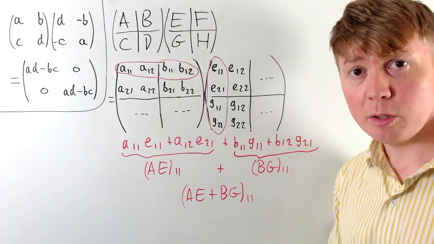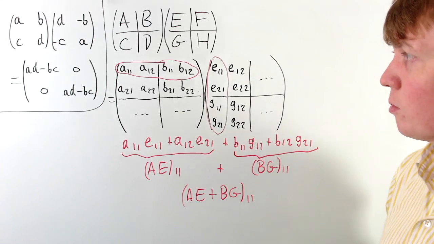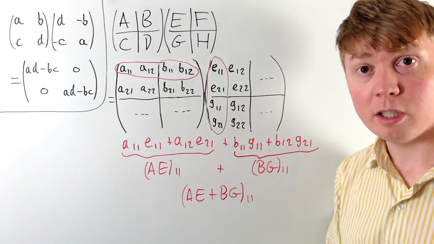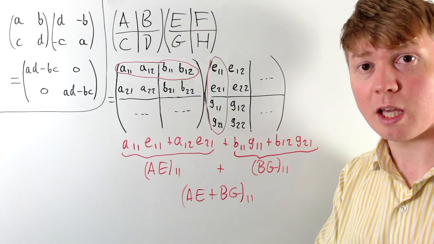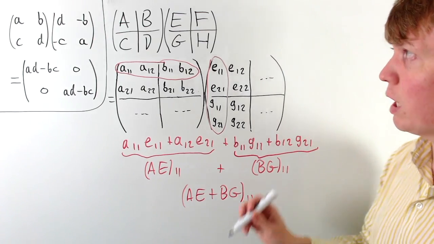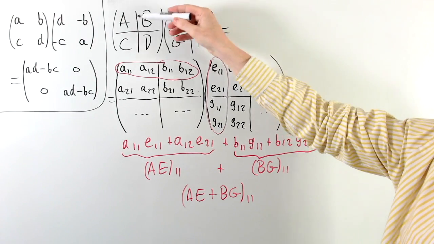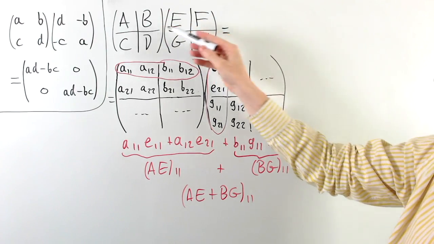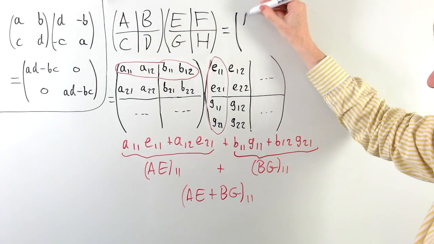And we could do a similar process for the next row, and we could multiply all of these terms by the first column. And if you experiment with this, you can convince yourself that block matrix multiplication really works just like regular multiplication. So the upshot here is that when we multiply all of these blocks, you'll get AE plus BG as our top left block.